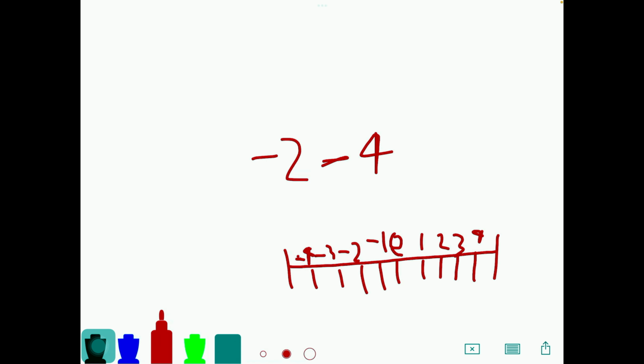So from 0 right here, we have to look at the minus sign, the negative sign, negative place. So there's minus 2. From minus 2, we have to subtract 4. That is 1, 2, and then minus 5, and then minus 6.